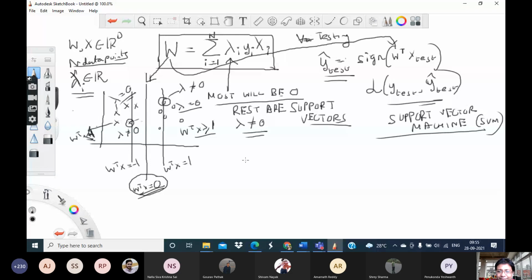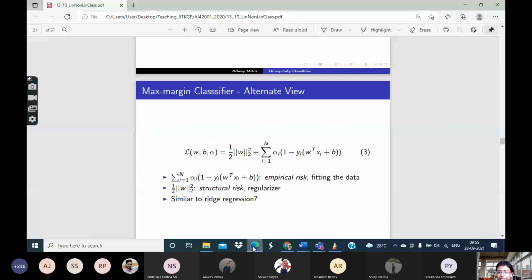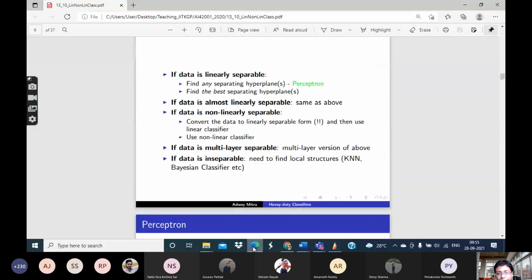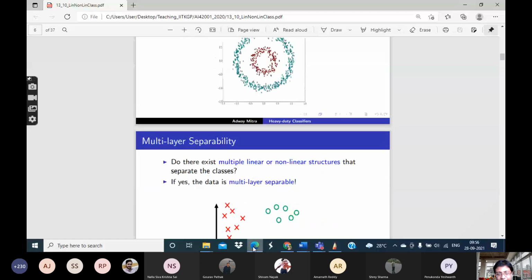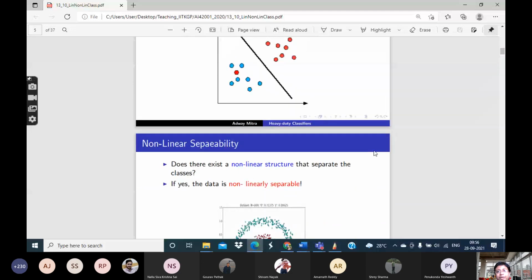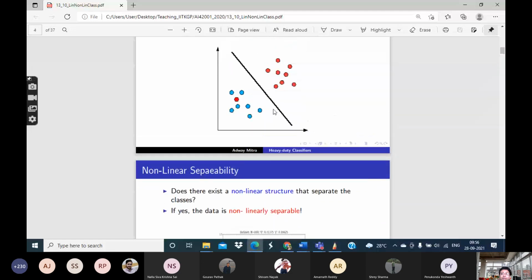Now, as somebody had already pointed out, when we are formulating that problem, we did not take into account the possibility that there may be some outliers, right? For example, if the data set on which we are working is a nearly separable data set like this one, then obviously it will not be possible for all the data points to be correctly classified.